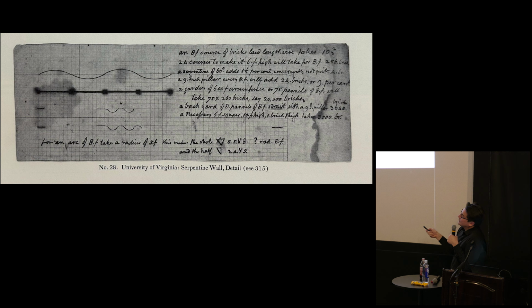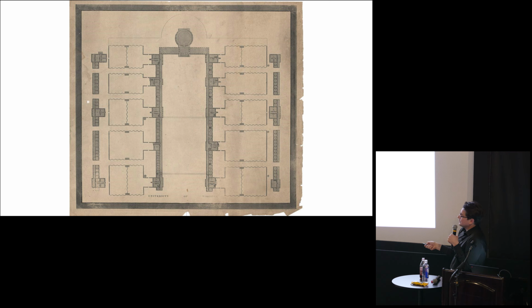If I build an undulating wall, I don't need these piers. And here he is calculating the number of bricks that it takes to do a serpentine wall versus a straight wall with intermittent piers. And he determines that the undulating wall is actually more efficient, less bricks. So at UVA, you see all these garden walls are serpentine.